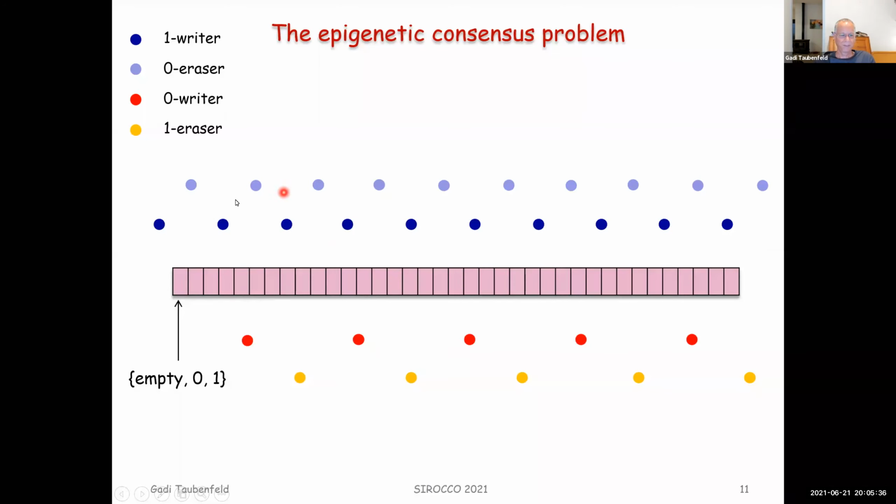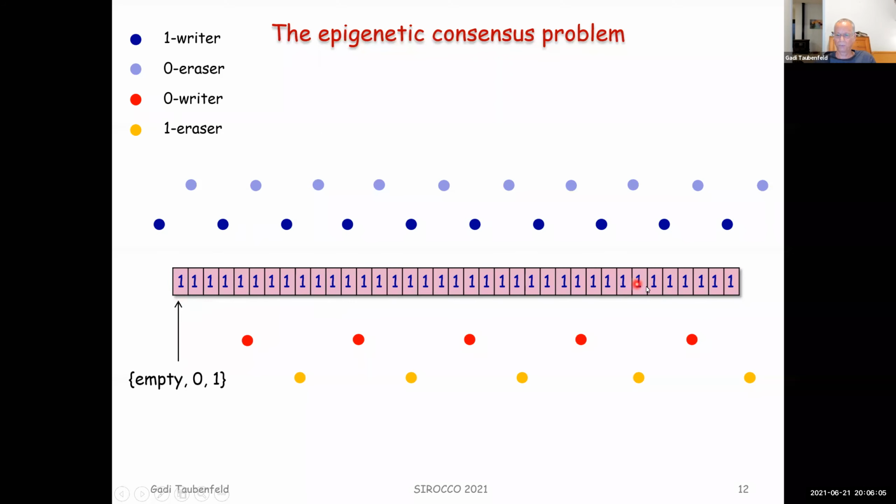So what do I mean by bigger? If the ratio between the sizes of the groups, the number of participants here, is, say, 1 to 3, so that the 1 group is 3 times bigger than the 0 group, then we want to end up with high probability with this whole array written 1, and then the algorithm stabilizes.